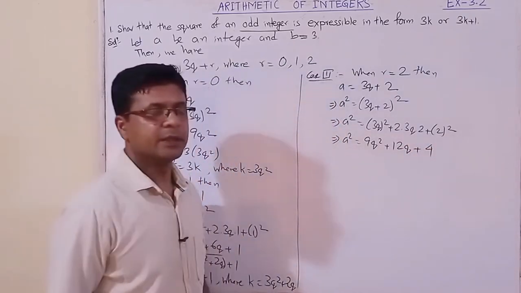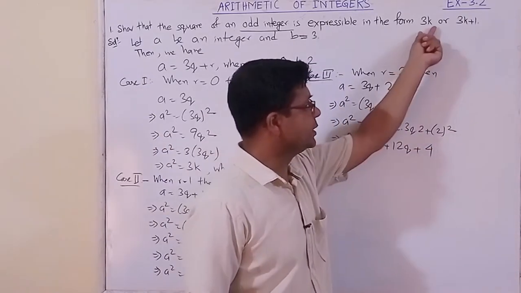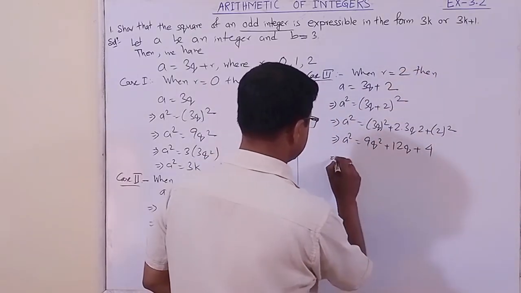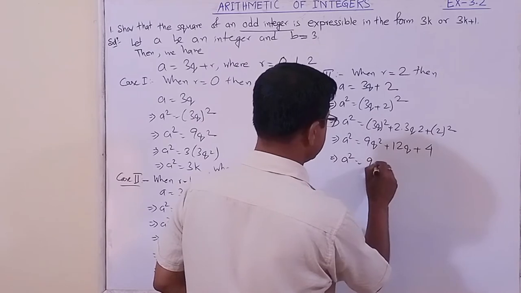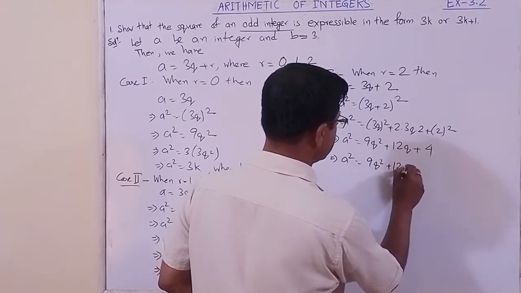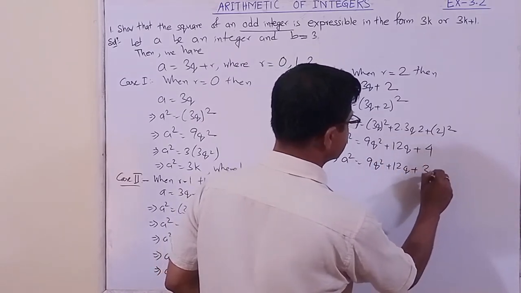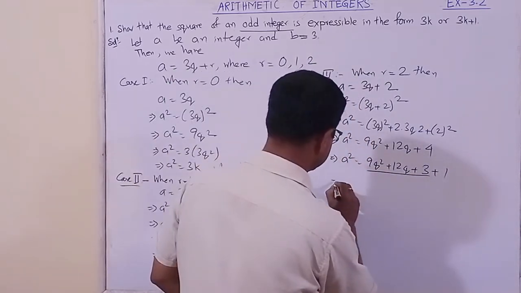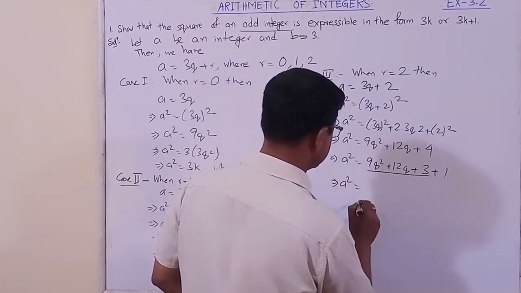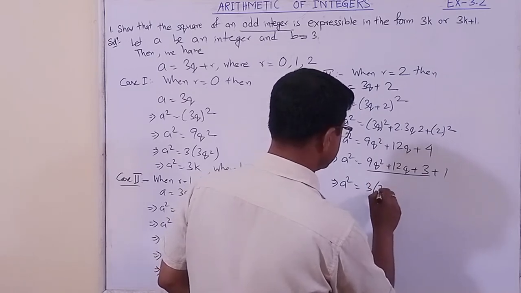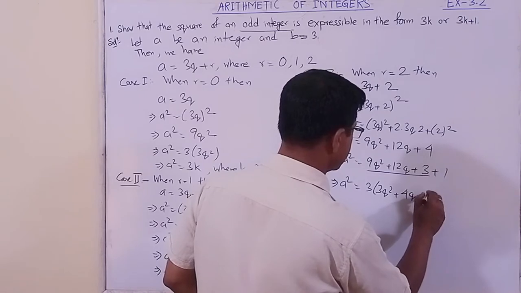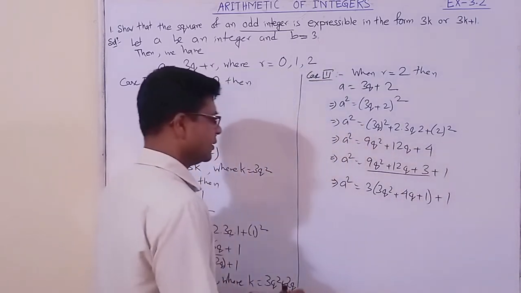Now think, this can be expressible in which form, this or this? Obviously this. How? You see, a square is 9q square plus 12q, and this 4 can be written as 3 plus 1. Now from here we can take 3 common. a square equal to 3 into 3q square plus 4q plus 1, plus 1.